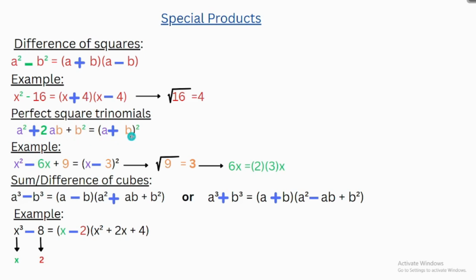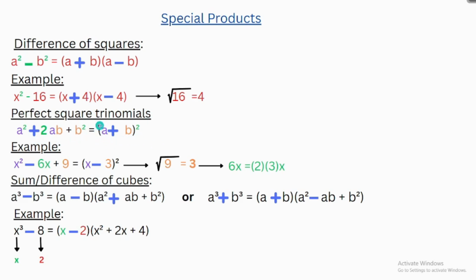We will solve when it is plus. What will we do? We will get the square root of a and the square root of b, put the sign from the second term, and the parentheses will be squared. We can also move in this direction.